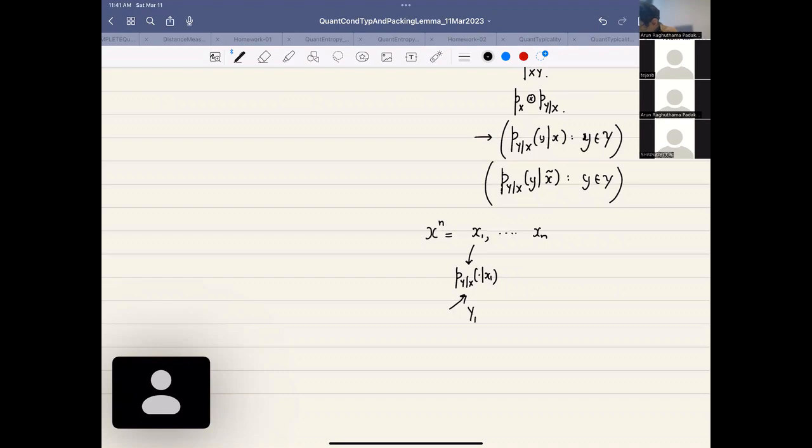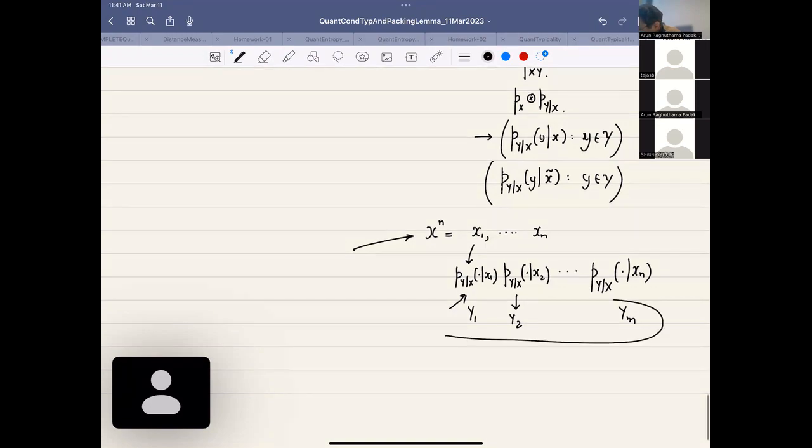I pull out a y1, then I pull out a y2 according to the next distribution, and I keep doing that, and I pull the last one out according to its distribution. Then you showed that if my xn is typical, then y1 through yn belongs to the conditional typical set with high probability, right?